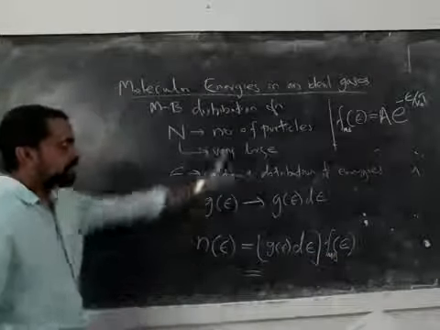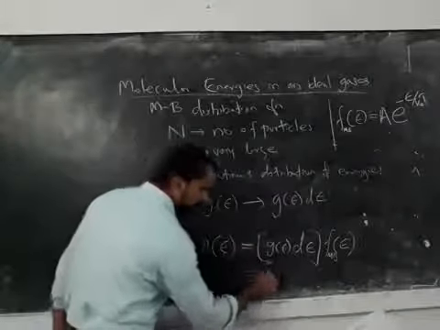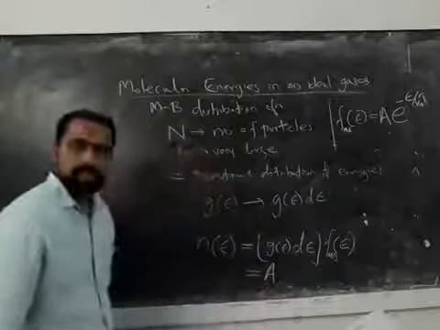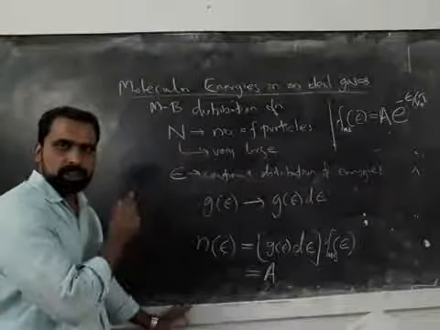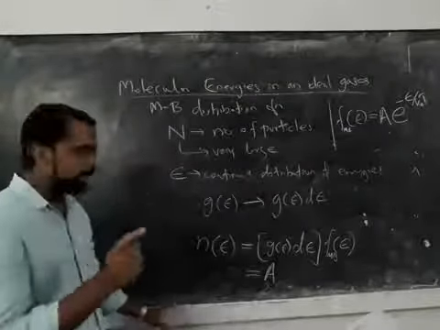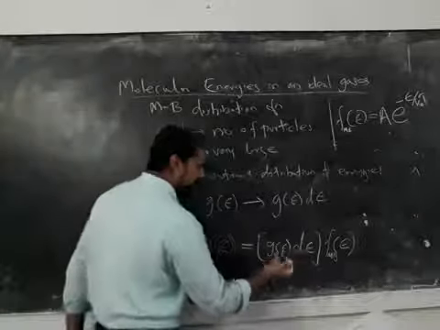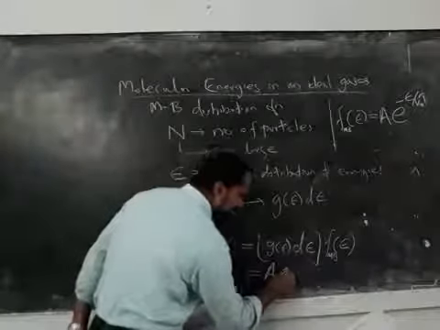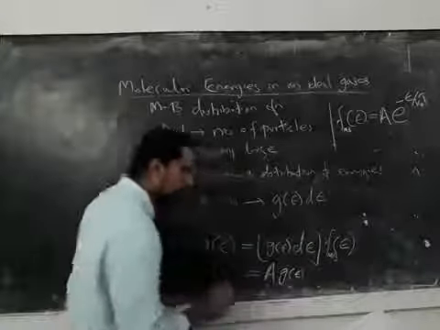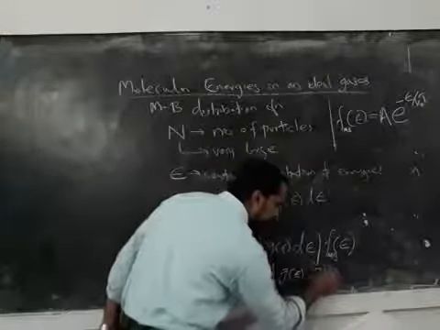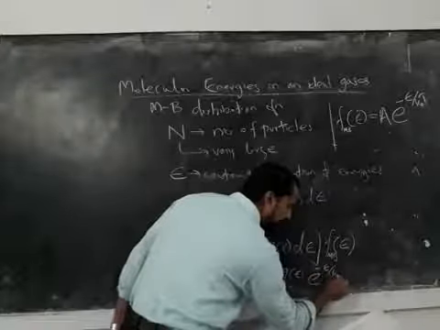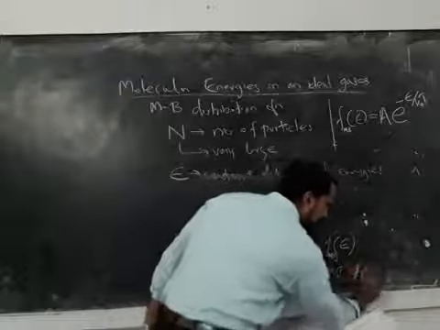Okay, so I will just replace it here. Then the constant A actually depends upon the number of particles. We already mentioned that the constant depends upon the number of particles in the system. Then g of epsilon, and the remaining is e raised to minus epsilon by kBT d epsilon.